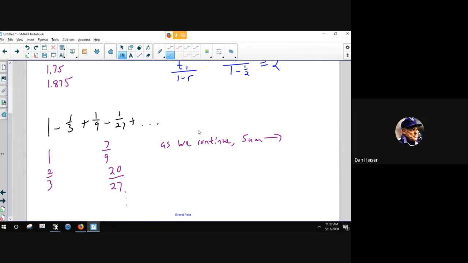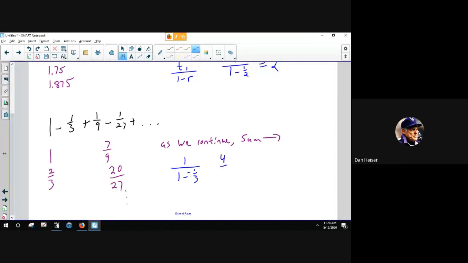And as we saw again with our geometric series approach, first term over 1 minus r. R is negative 1/3. We get 1 over 4/3, which is 3/4.